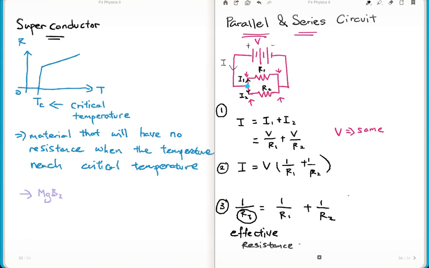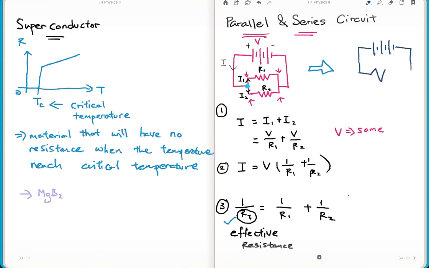Okay, what does it mean? It means if you manage to get RT in some objective question, you may be able to simplify the circuit into this form, where you have your battery, and the RT is a combination of the two.